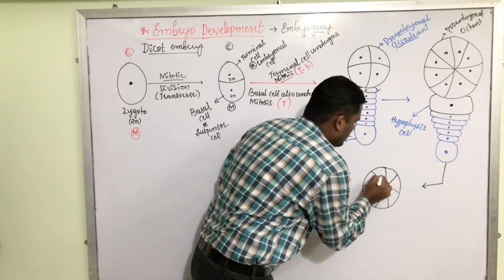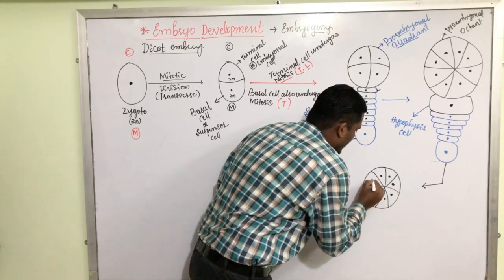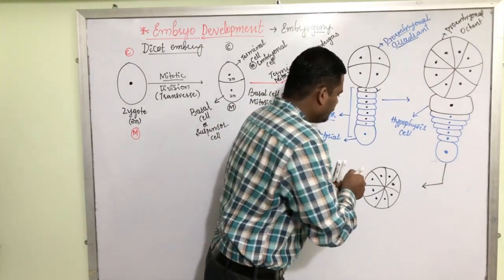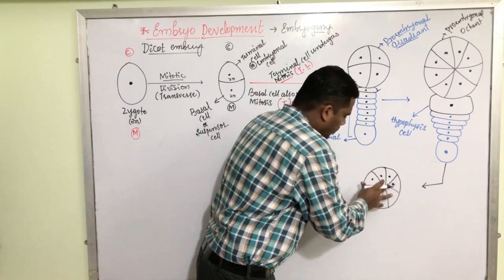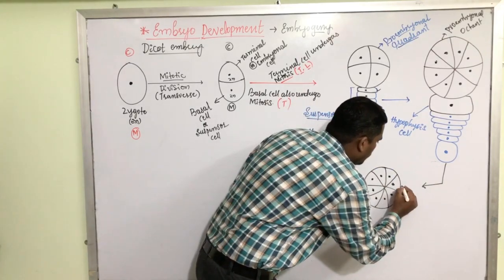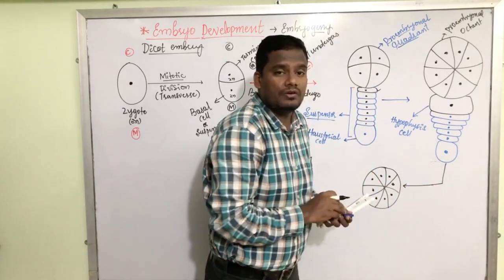They are all the cells of the pro-embryonal octant. We have 8 cells here. Let us draw. Before we draw this, the pro-embryonal octant undergoes periclinal division.